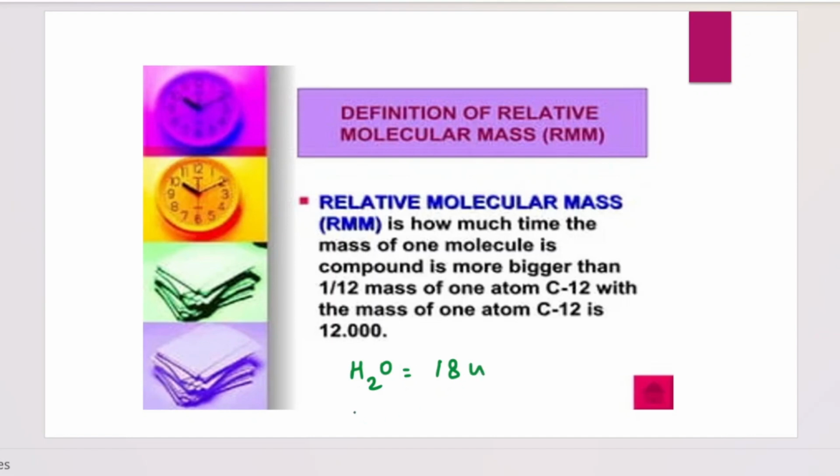One molecule of carbon dioxide is 44 times heavier than 1/12 mass of C12. Therefore, its molecular mass is 44U.